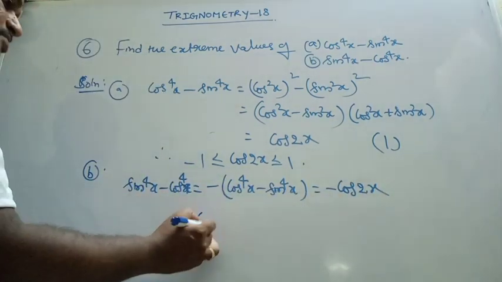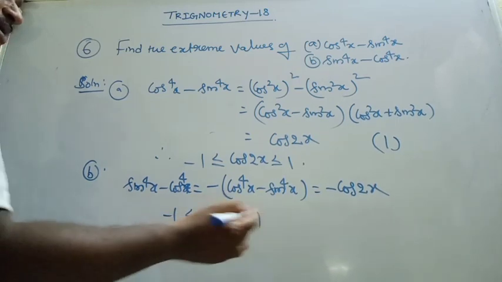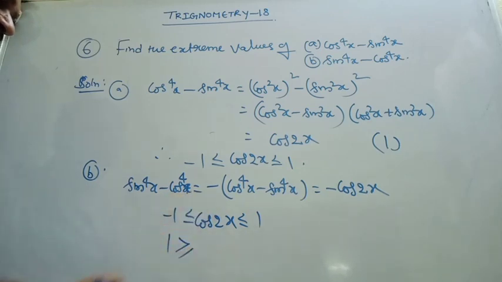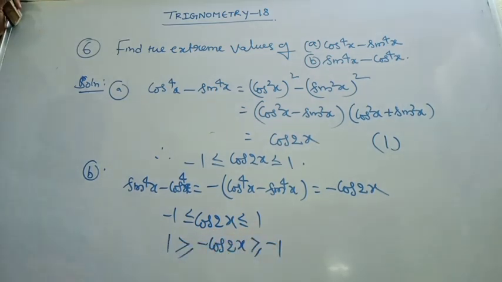Already we know that cos 2x lies between minus 1 and 1. If you multiply by a minus sign on both sides, minus cos 2x is greater than or equal to minus 1.